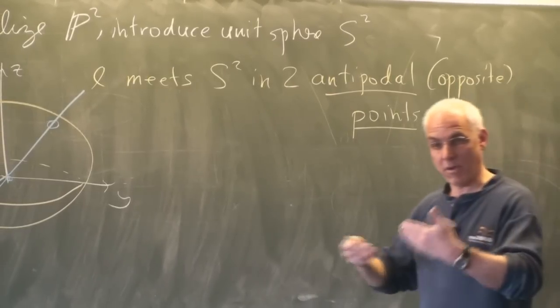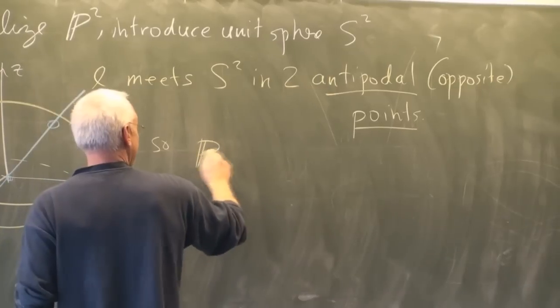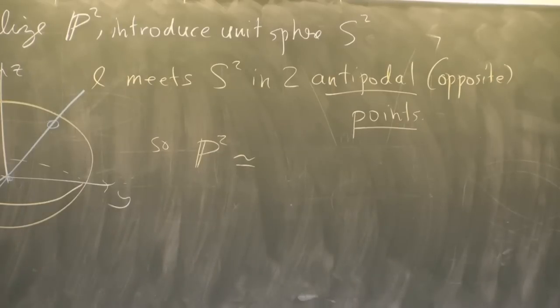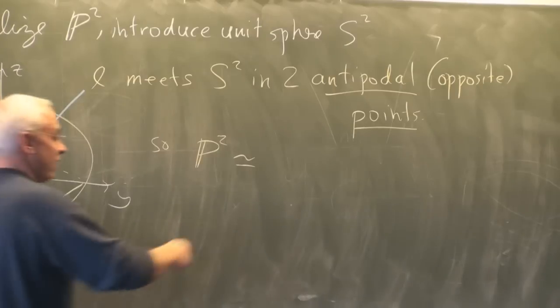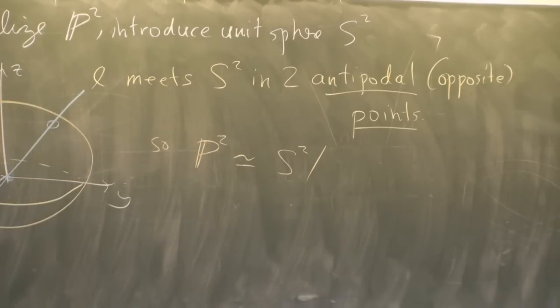So another way of thinking about what the projective plane is: it's what you get when you take the sphere and you identify opposite points. So you're taking the 2-sphere and you're identifying 2 points that are related by the negation map, just multiplying by minus 1 in the space.